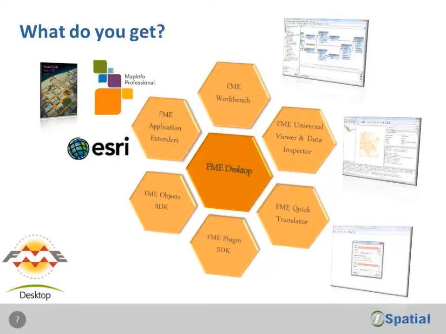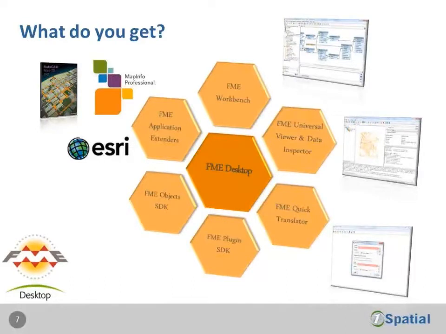When you buy FME, you have access to a number of different tools, and these are just summarized very briefly here. FME Workbench is something you're going to see a lot of. FME Workbench allows you to essentially write code without having to write a line of code. You have a drag and drop interface that allows you to connect features or capabilities that carry out tasks on your data.